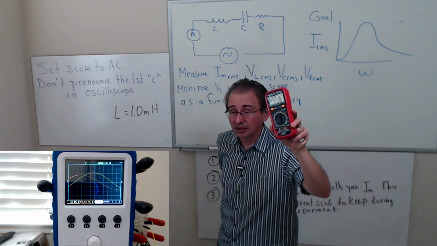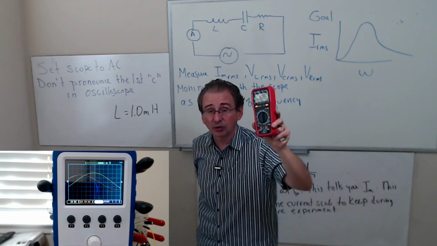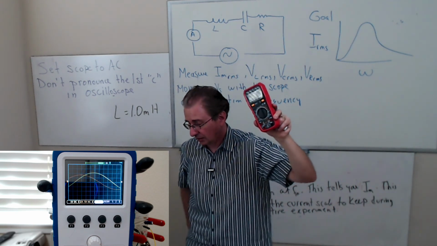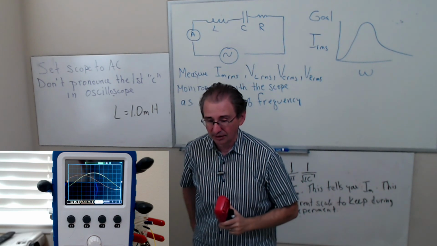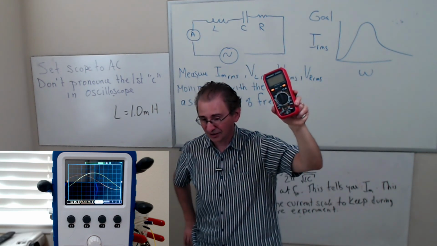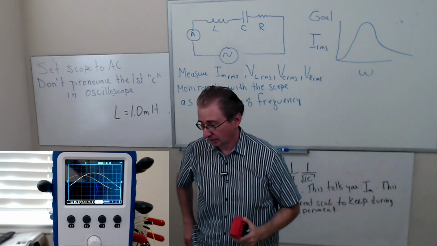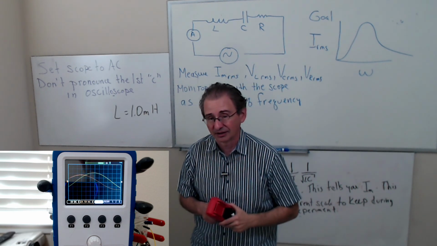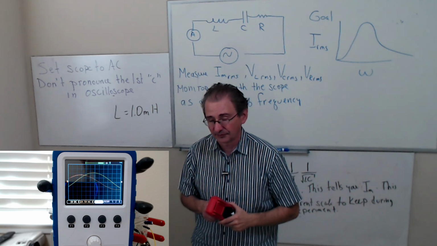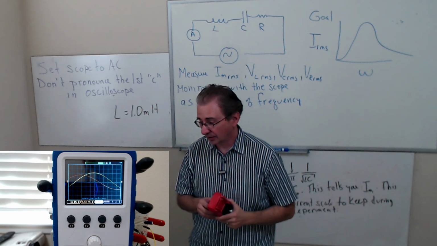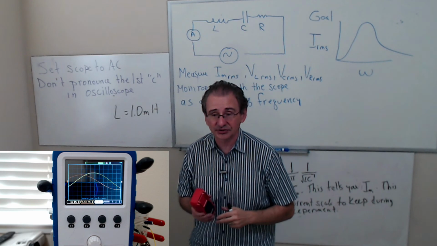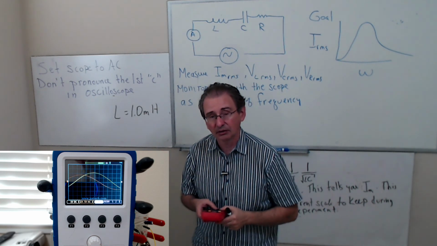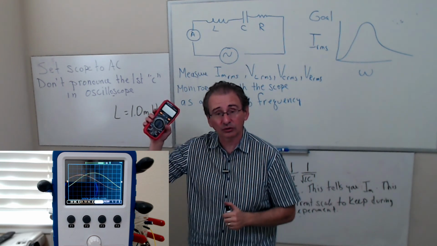If your current is below 20 milliamps, then you're going to be using this on a 20 milliamp scale, and the resistance on the 20 milliamp scale is significant, and it's going to affect your circuit. That's why I'd like to be in the next higher scale, but if we can't, that's fine. We'll use a 20 milliamp scale. Ideally, I would like for you to use a 200 milliamp scale.